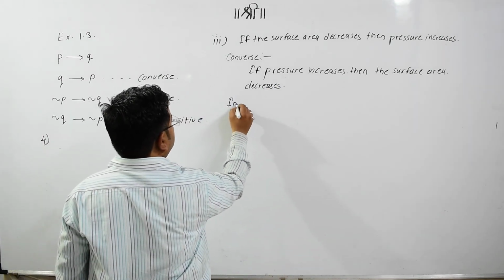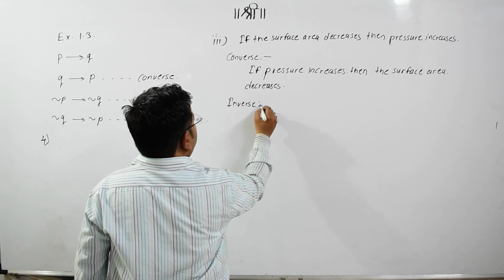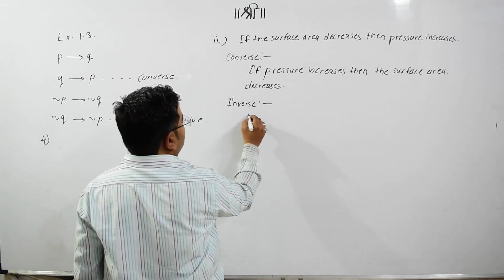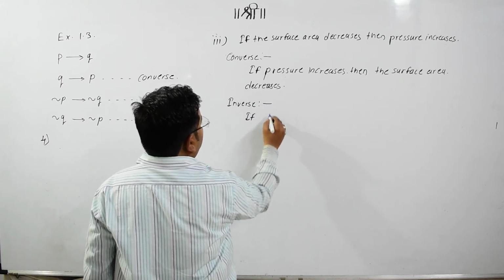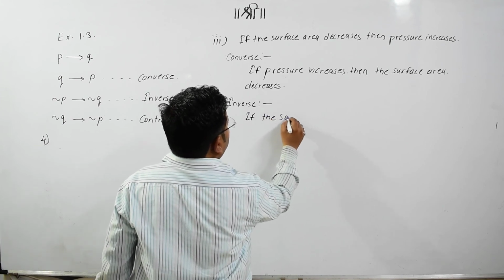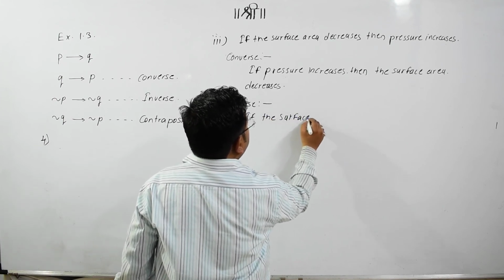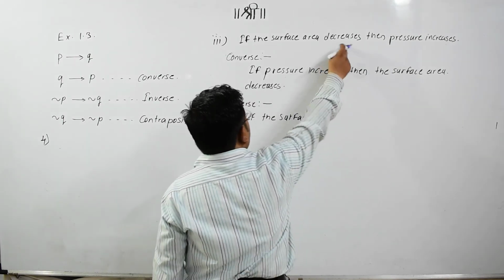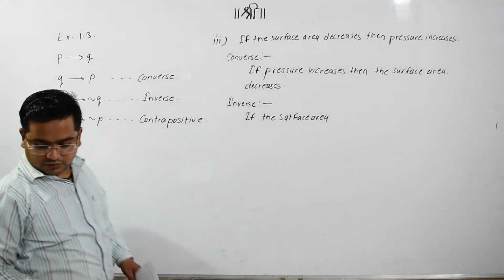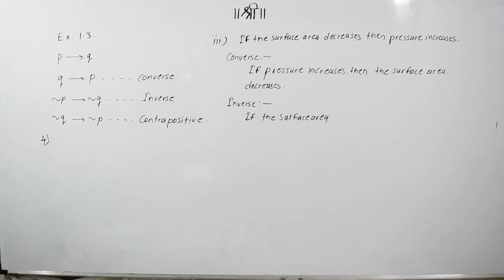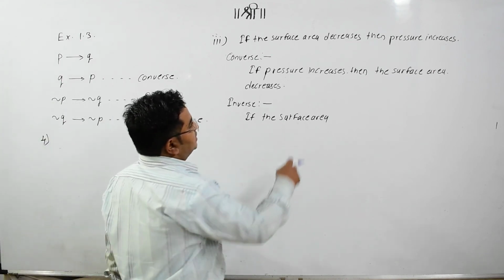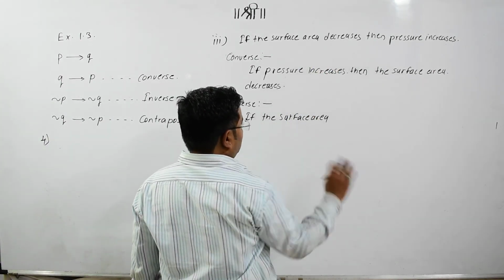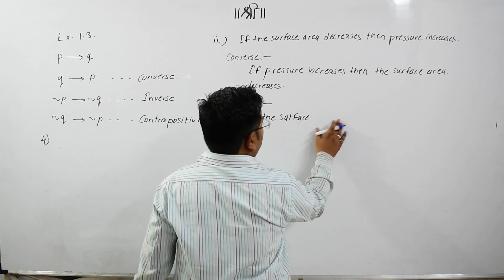Now what is the inverse? The inverse of the statement should be like this. If the surface area, so what is this, increase or decrease? Most of the students are using one particular word, finding the opposite word of this increase or decrease. Do not form that kind of case.